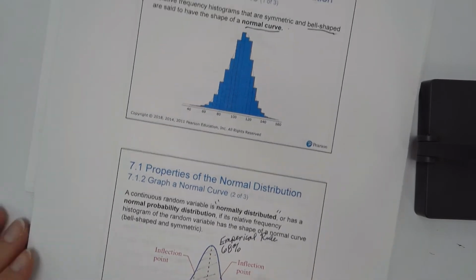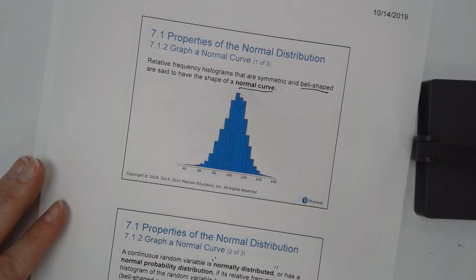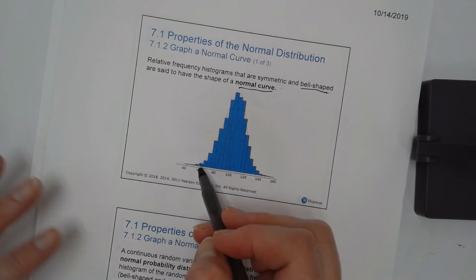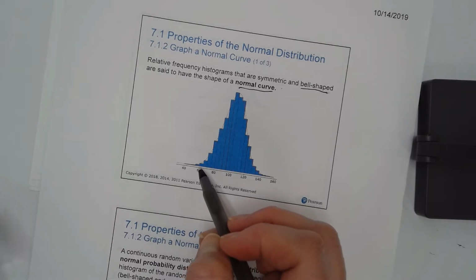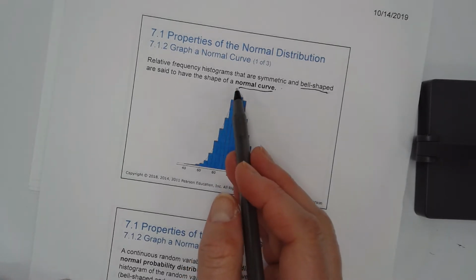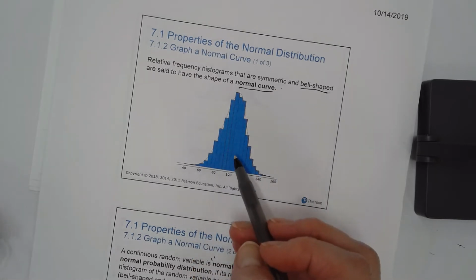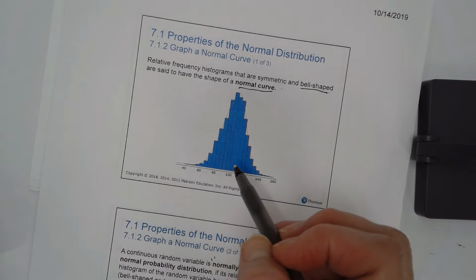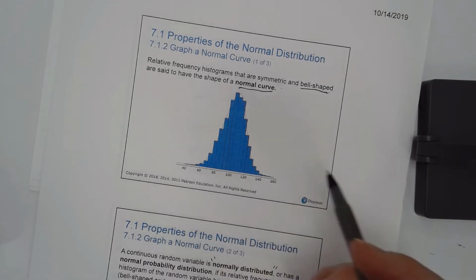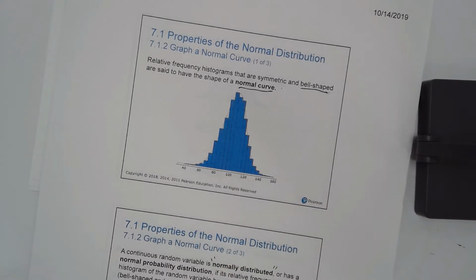This is a normal curve, a bell-shaped curve. Back in the second chapter, we started making histograms, bar charts where the bars touch, right? In chapter 7, we're talking about continuous variables. In chapter 6, we were talking about discrete variables.